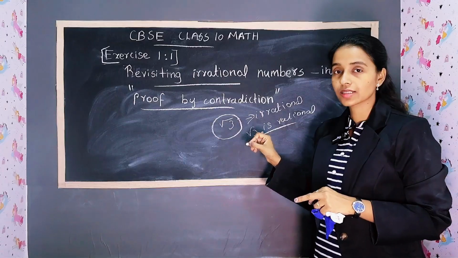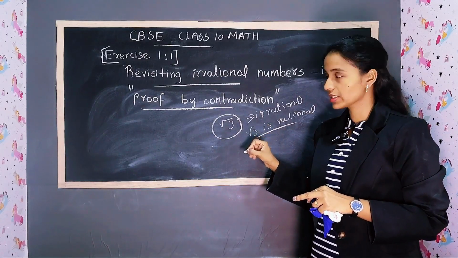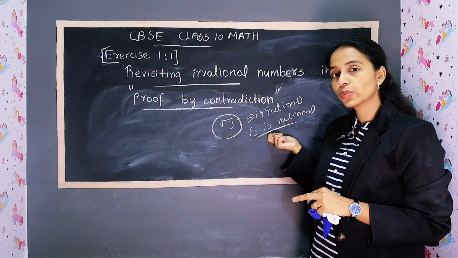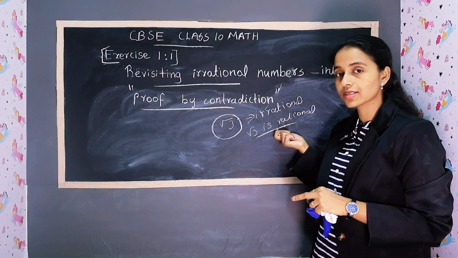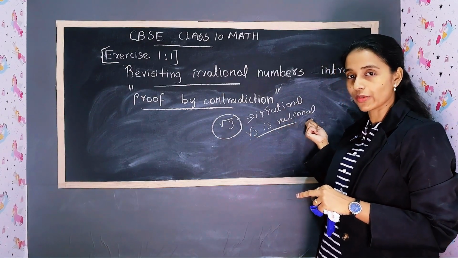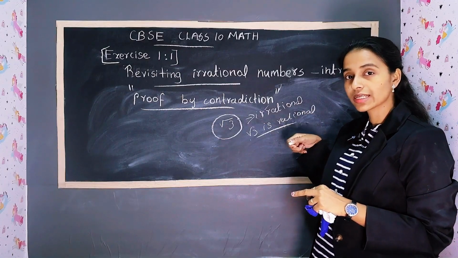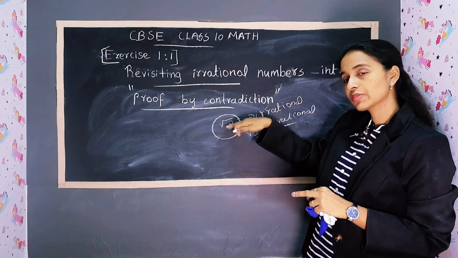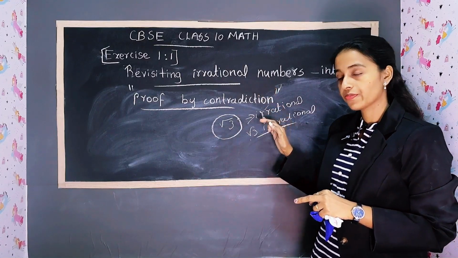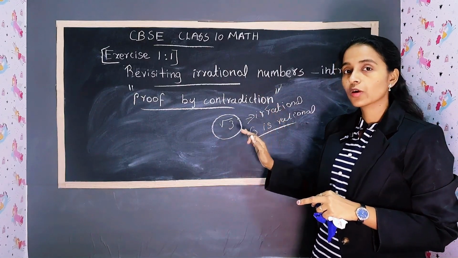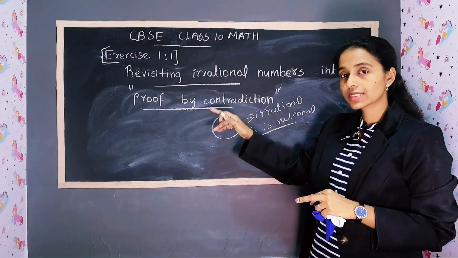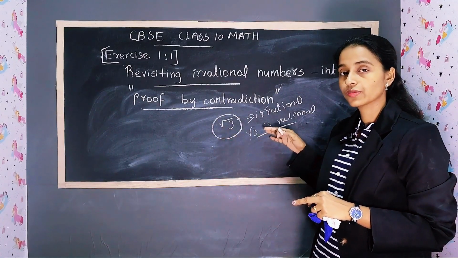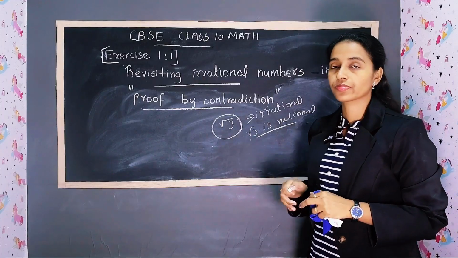This is the wrong statement. This is the correct statement. You are going to prove this statement is wrong. So automatically we can conclude that this statement is correct, right? So this is all about proof by contradiction. This technique only we are going to use in this kind of problems.